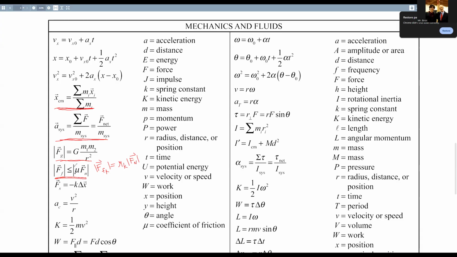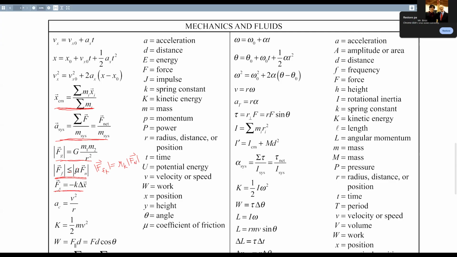Static friction is less than or equal to mu s times the normal force. So bear in mind that difference: they give you a generalized equation for friction, and you are expected to know that if it's static friction, you'll use the inequality part with the static friction coefficient mu s. Kinetic friction is easier because it's just equal to mu k times the normal force.